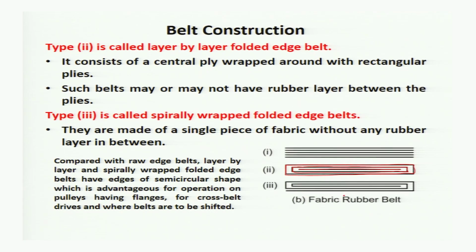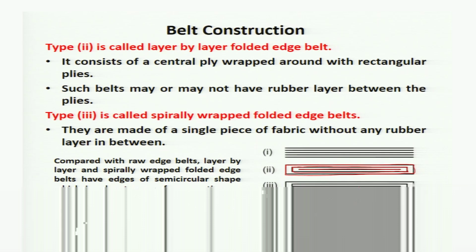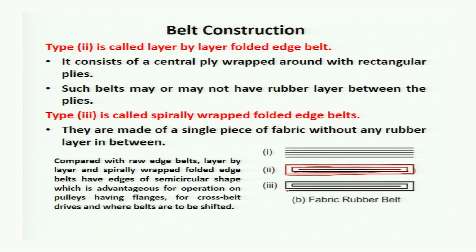Such belts may or may not have a rubber layer, spirally wrapped. You see, the spirally wrapped are there. This type is made of a single piece of fabric without any rubber layer in between. Compared with raw edge belts, layer by layer and spirally wrapped folded edge belts have edges of semicircular shape, which is advantageous for operation on pulleys having flanges, for cross belt drives, and where belts are to be shifted.